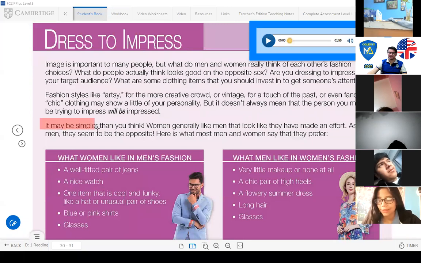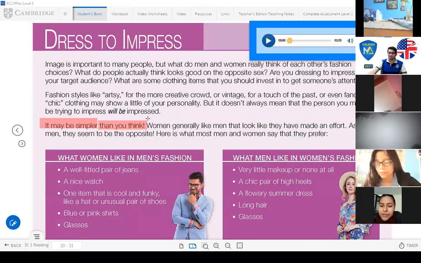It might be simpler than you think. Women in general like men that look like they have made an effort.